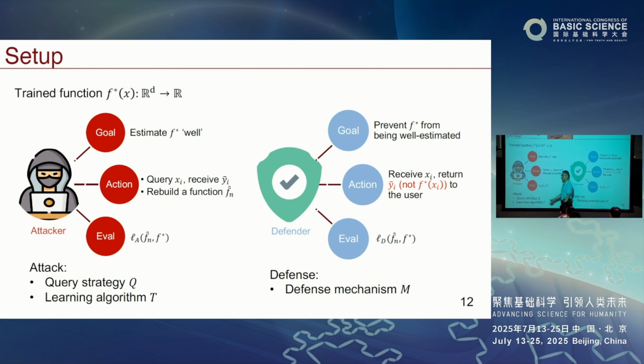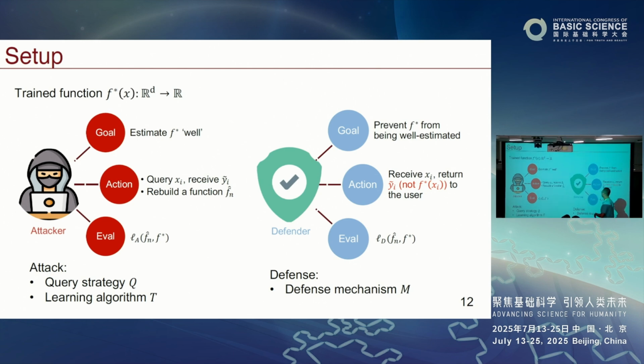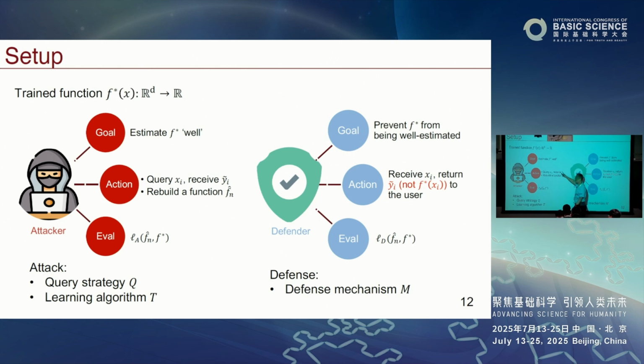One is the query: you send different x_i and you receive y_i tilde. We use y_i tilde to signal that we're going to protect, so we add noise, and it's not exactly the actual f star at x_i. Once he receives the query-response pairs, he will try to rebuild f star, and the estimator is f n hat.